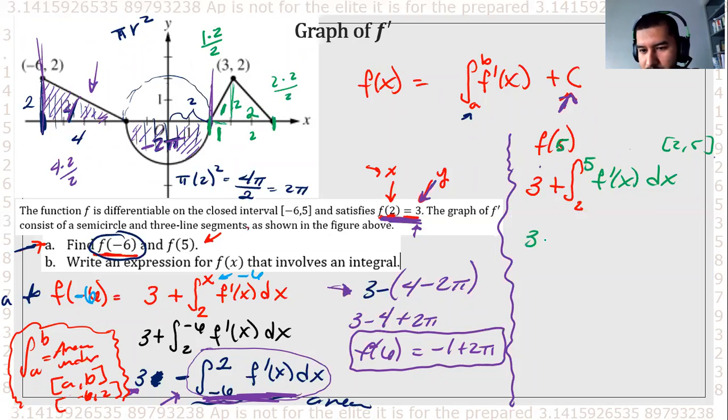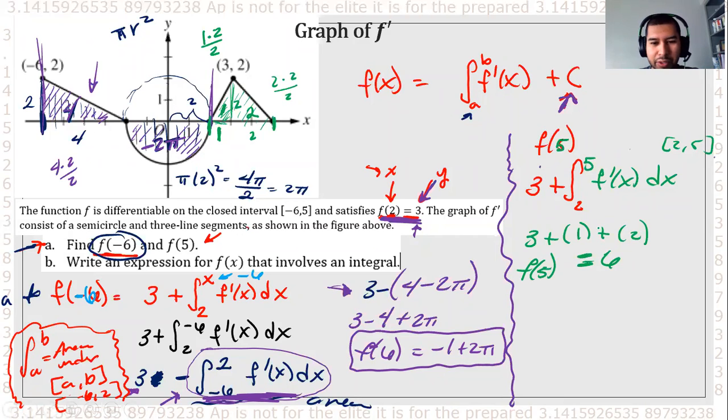So it's going to be 3 plus the first area that I found, which was 1, plus the second area that I found right here, which was 2. 6 is what I got. Is that okay with everyone? That is the value for the function at 5.